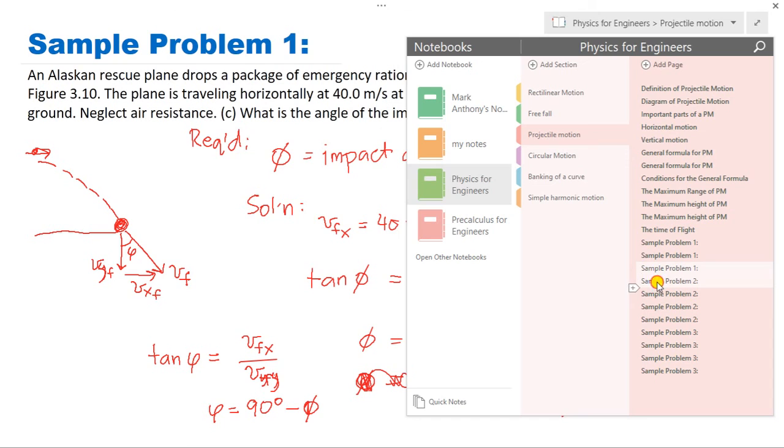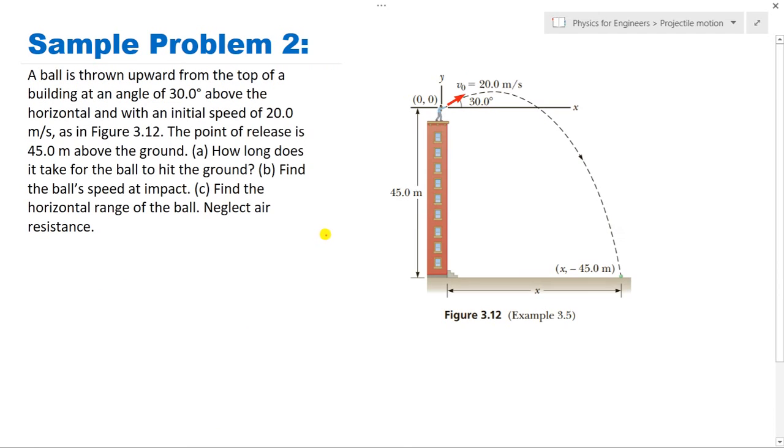So next, how about this one? It says here, a ball is thrown upward from the top of a building at an angle of 30 degrees above the horizontal and with an initial speed of 20 meters per second, as in figure 3.12.